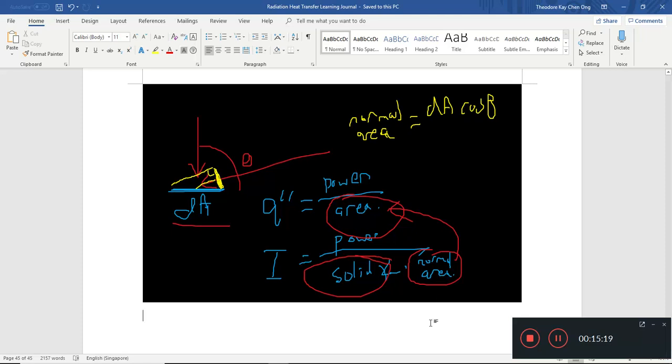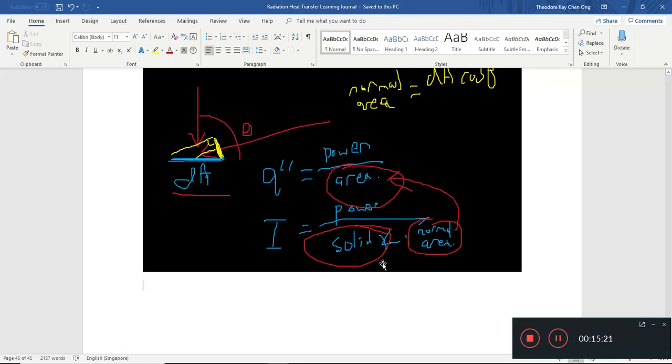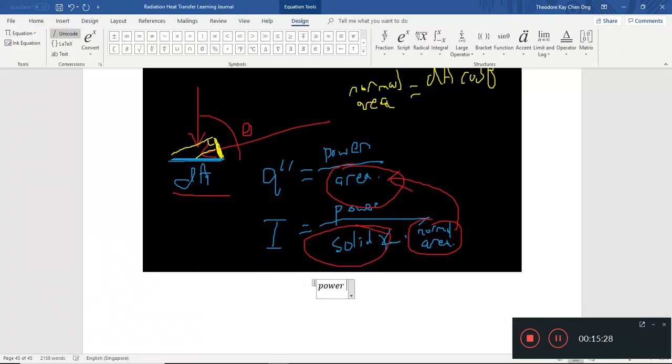So right, how then do we change this normal area into the area? Let's do energy balance. We can just get the net power, right? We want net power equals heat flux times dA, correct? And that equals intensity times the solid angle times normal area, right?